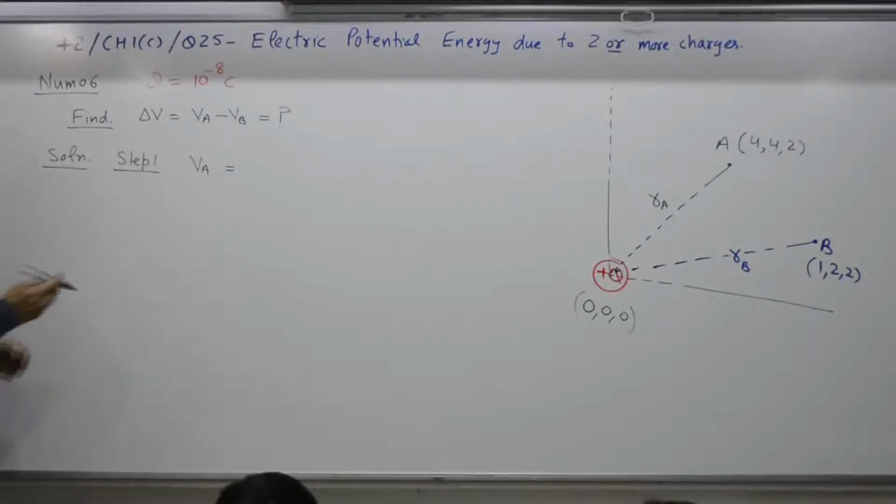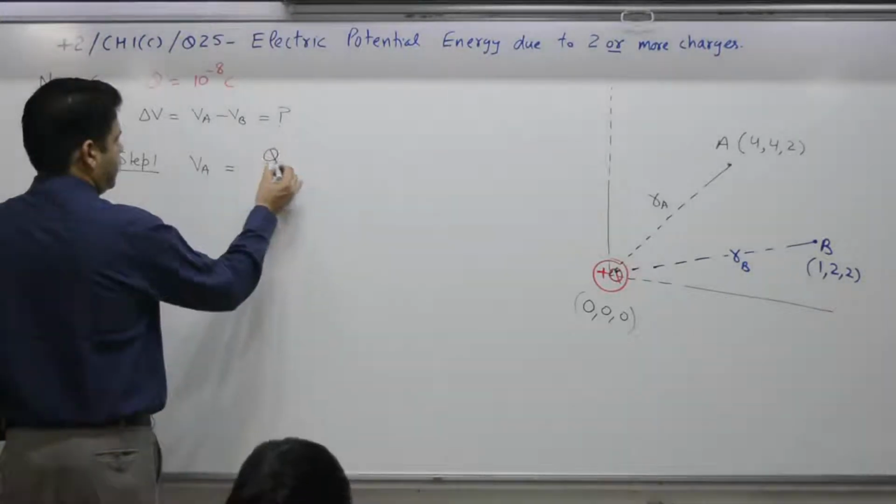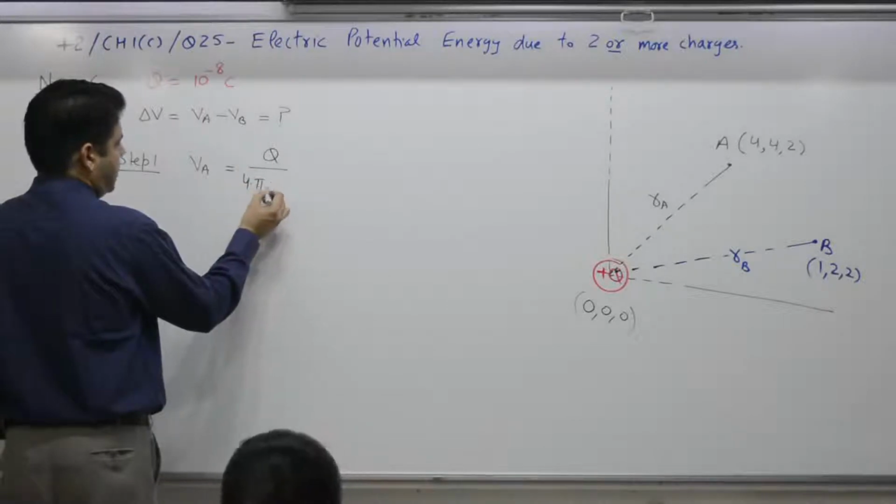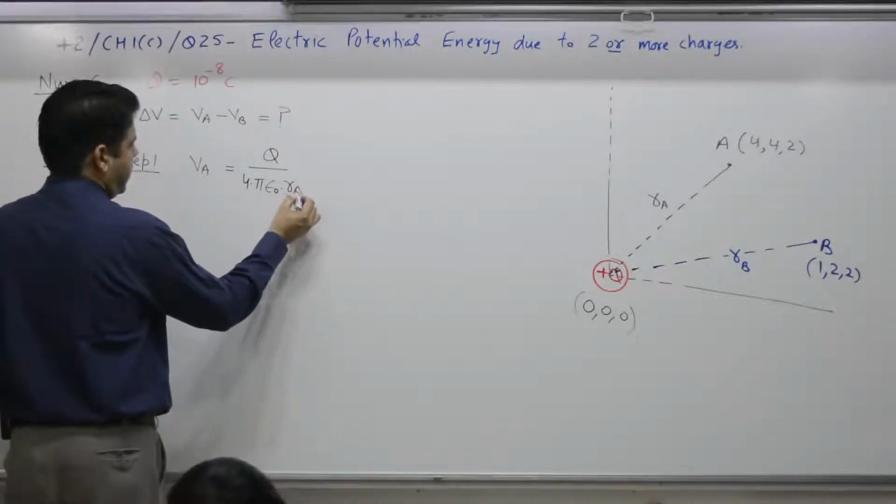VA is equal to what? Q by 4 pi epsilon naught RA.